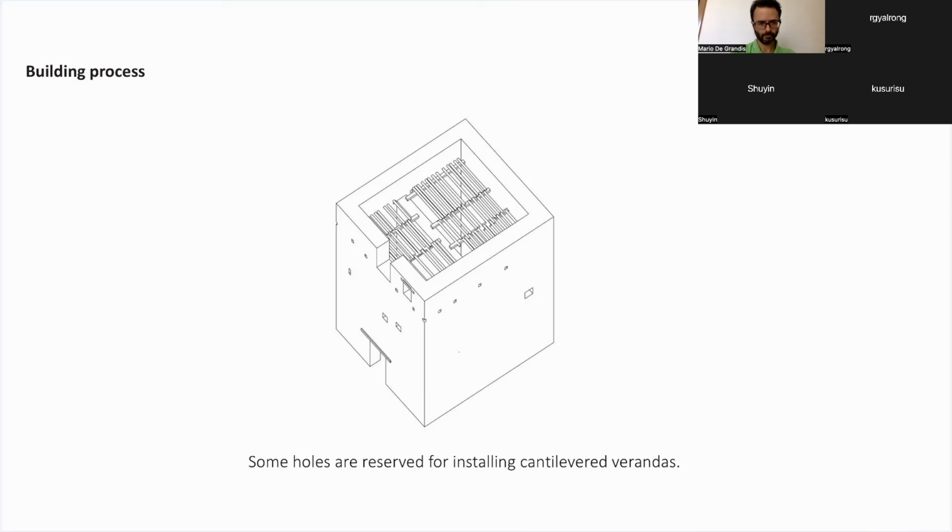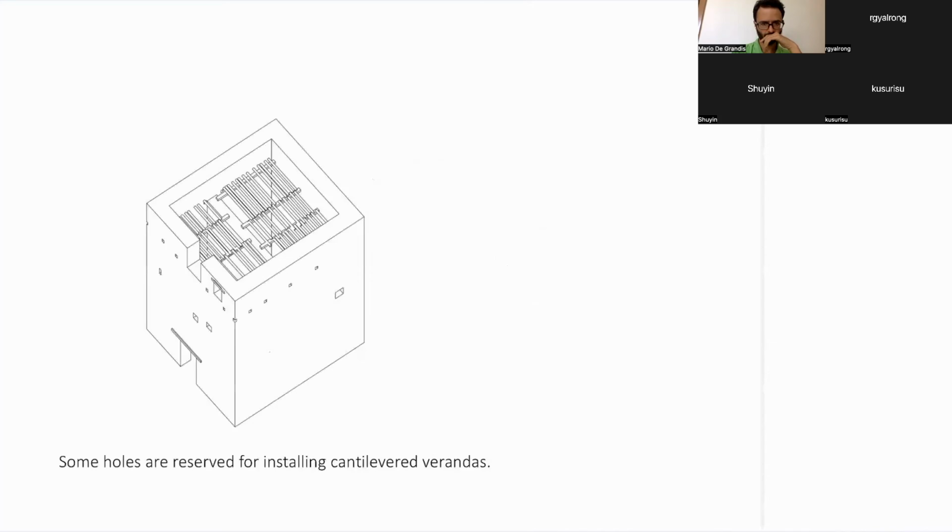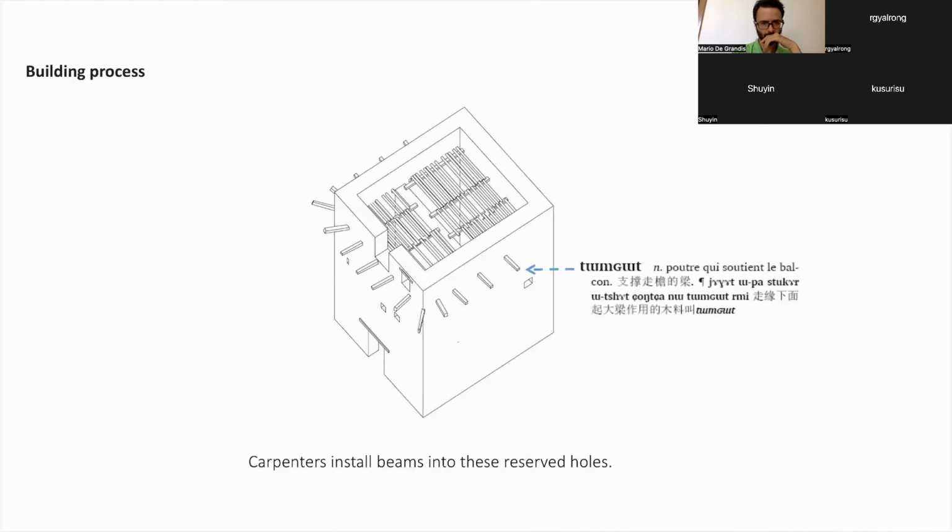After the height is determined, they need to prepare for the overhanging verandas. They will first leave some holes for installing cantilevered beams. Then carpenters will join the work from this time.